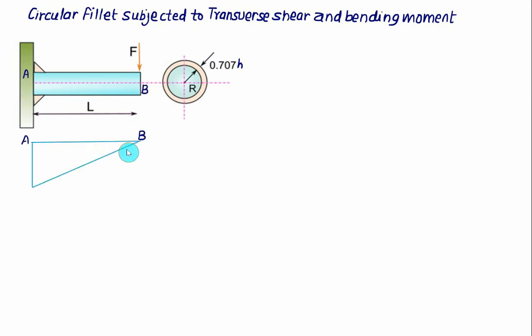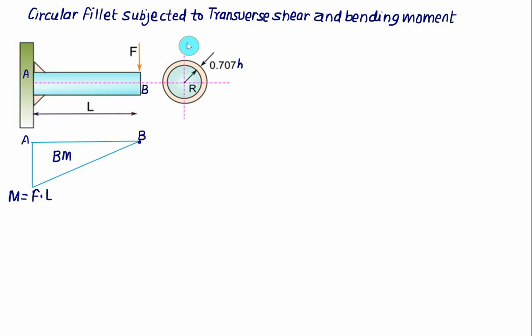If we draw the bending moment here, then the bending moment at point B will be equal to 0 and it increases linearly, and the maximum value of the bending moment is equal to F multiplied by L.